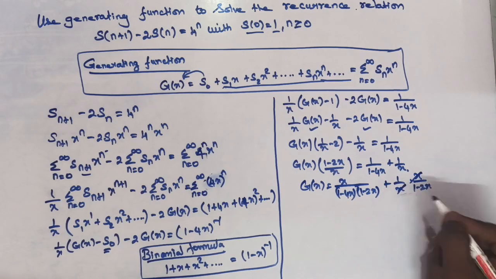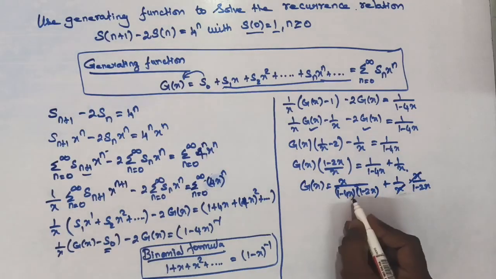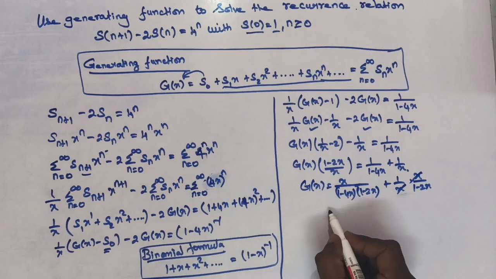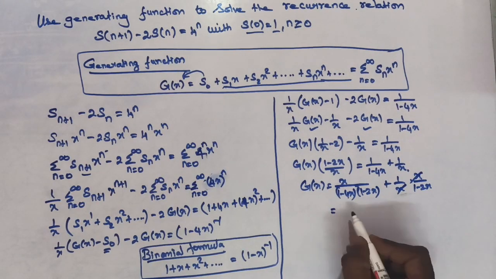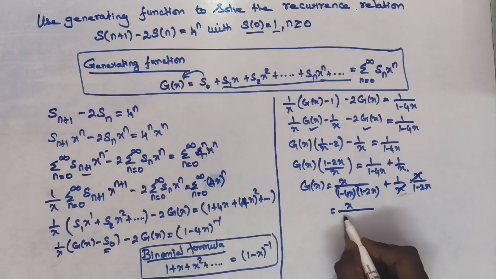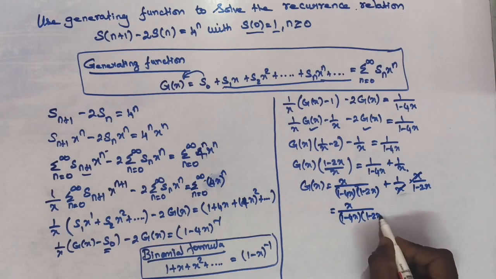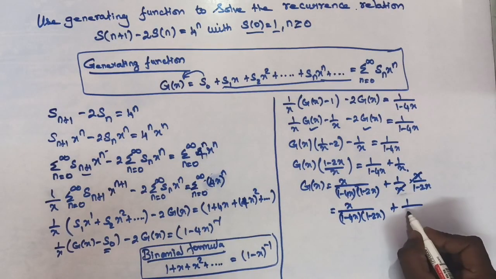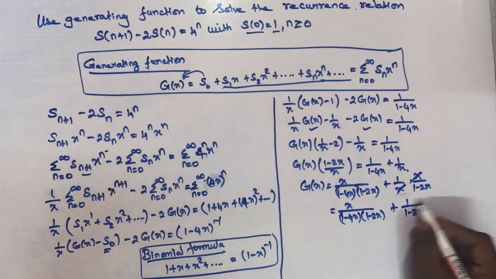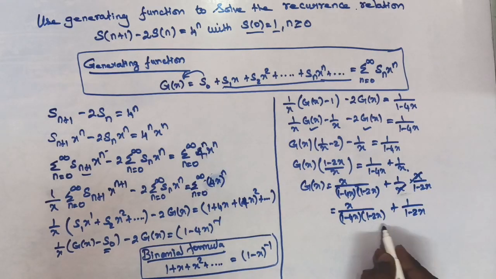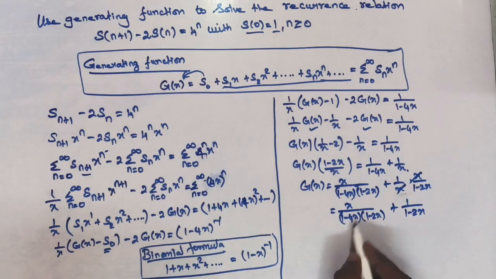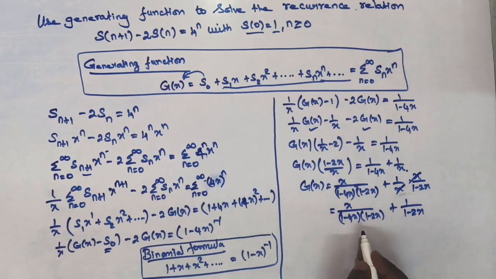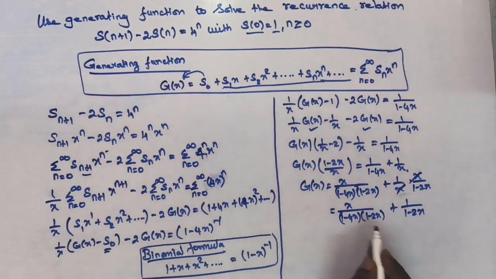So this and this get cancelled, and you have this part: x divided by (1 minus 4x)(1 minus 2x), plus 1 divided by 1 minus 2x. This part we can write using the binomial formula. Only this one we need to solve. This is a complicated fraction, so we have to apply partial fractions to split it into simple fractions.